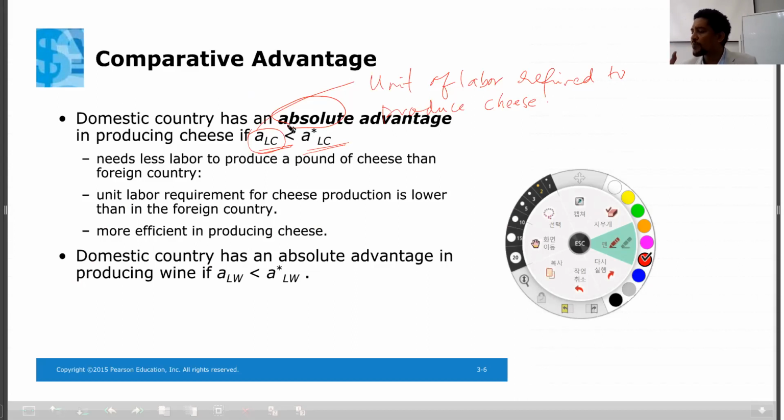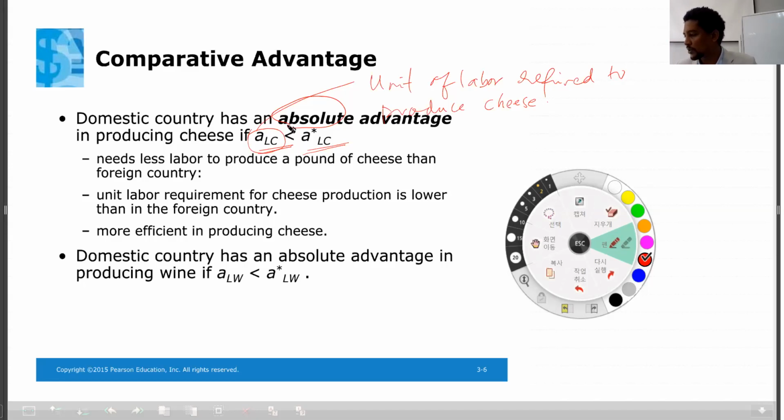Okay, in comparative advantage, we consider both products. Okay, the domestic country producing both cheese and wine, the foreign country producing both cheese and wine. In absolute advantage, we consider one product at a time. Okay, so we do not consider two or three products. We just consider this one product, and that is not good in the international market.